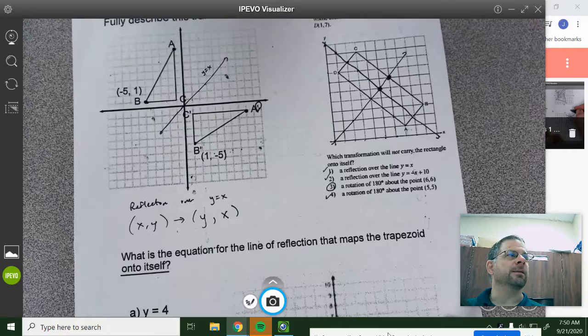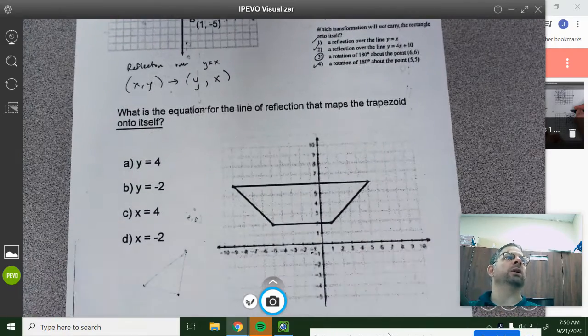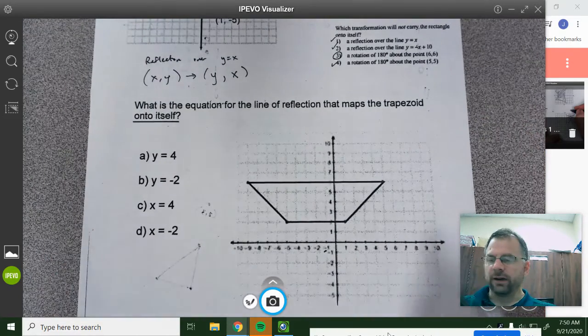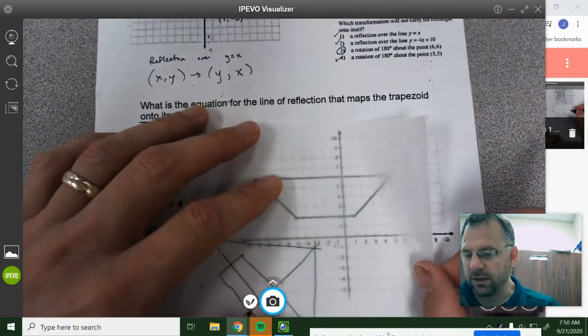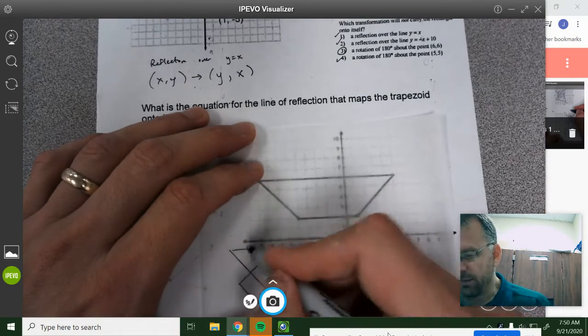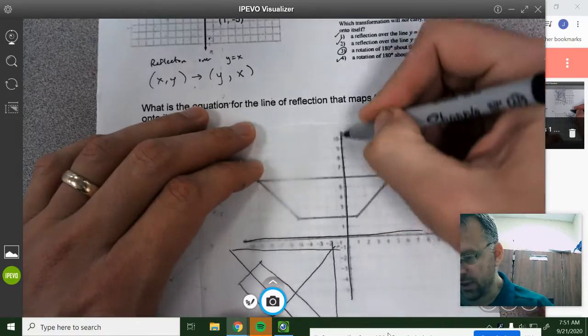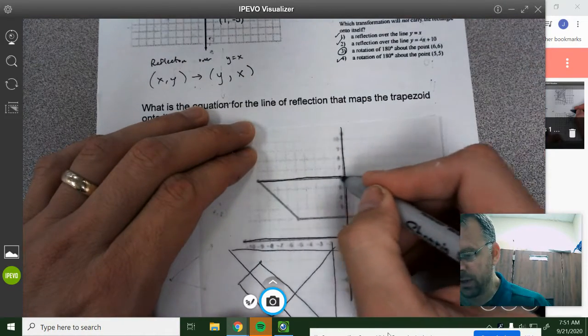So that's all fine. Last question is what is the equation for the line of reflection that maps the trapezoid onto itself? So if I take this thing, what would I need to do to it so that I could reflect it and it would end up being the same onto itself? So I'm going to draw my trapezoid here.